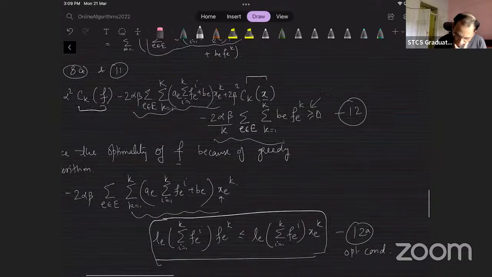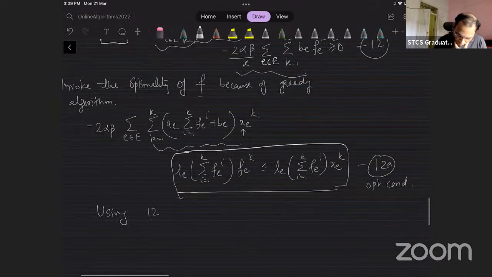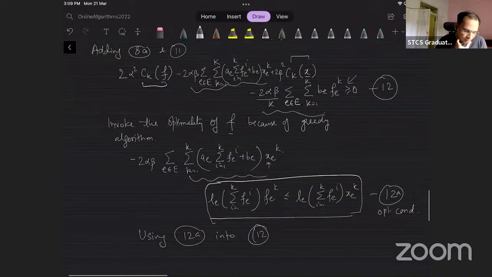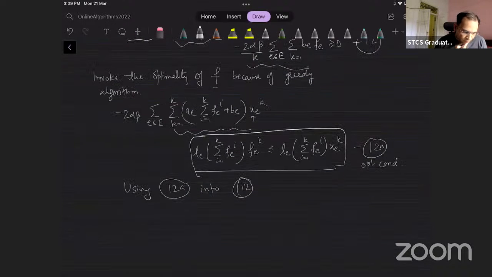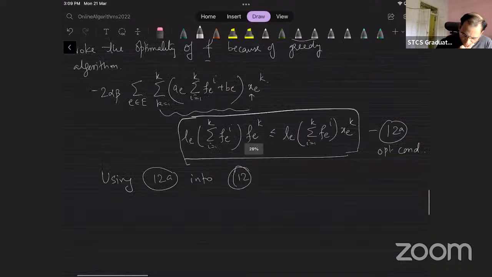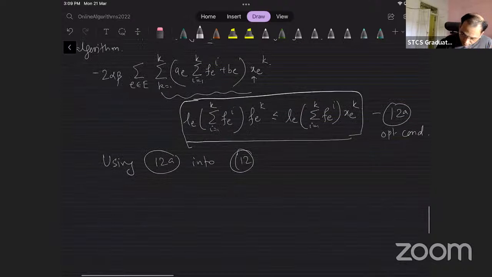So using 12A in 12, what do I get? I can get rid of the x_e^k sitting here. Everything will be in terms of f_e^k. We can actually do more, so let's just do that. So 2 alpha beta, sum over e belonging to E, little k equal to capital K. I'm just writing this equation.